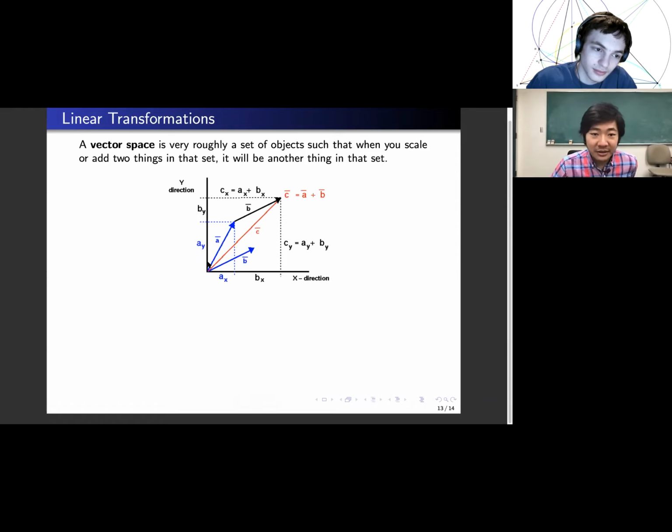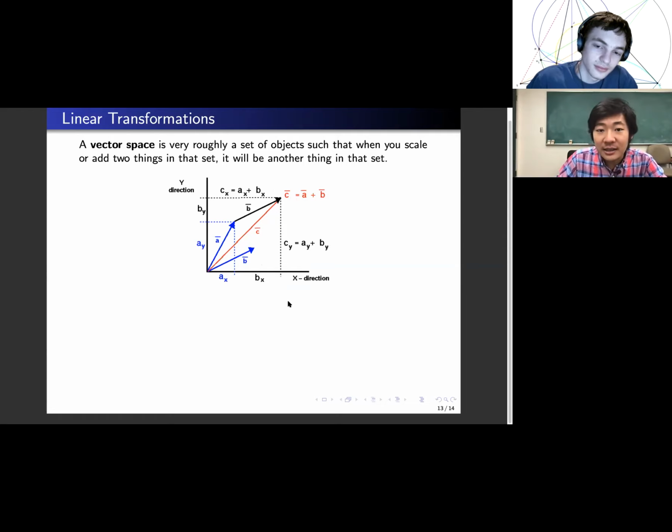So a typical vector space that you might imagine is something like this, right? The classical example is a bunch of these arrows and directions, and if you define addition of these arrows as go here and then there, and wherever you end up, that's your new arrow. That's vector addition.